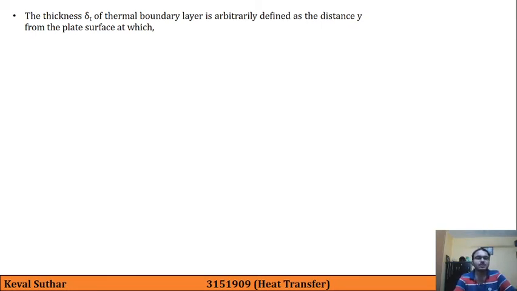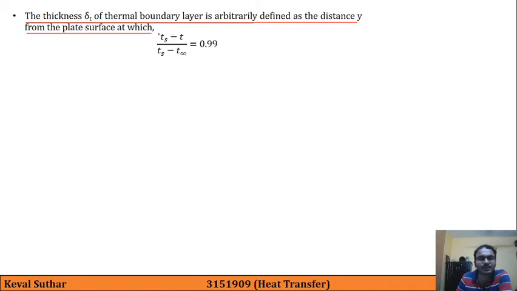So here the criterion for defining the thickness delta T of the thermal boundary layer is arbitrarily defined as the distance y from the plate surface at which we get (Ts minus T) upon (Ts minus T infinity) equal to 0.99.